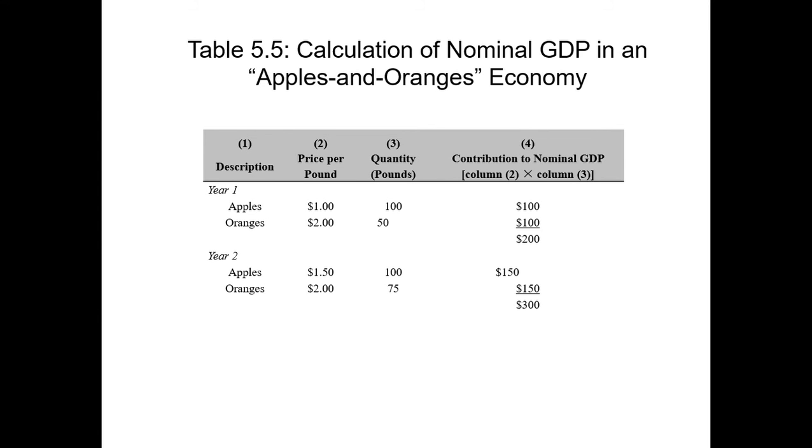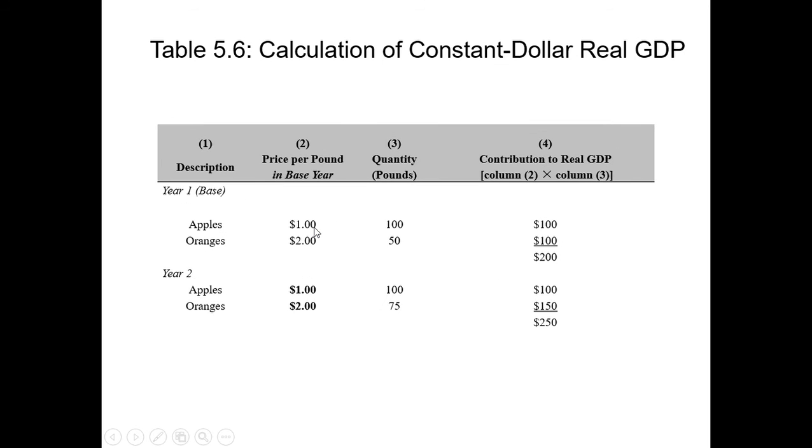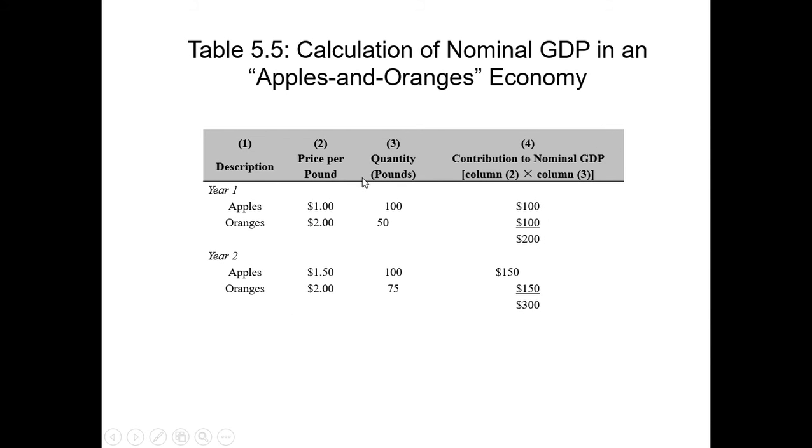So in year one, the price per pound of apples and oranges were, here this is a new US economy example, $1 per unit for apples and $2 per unit for oranges, and the quantity produced is 150. Thereby we multiply these two and arrive at year one's GDP, pardon, the previous year's GDP.